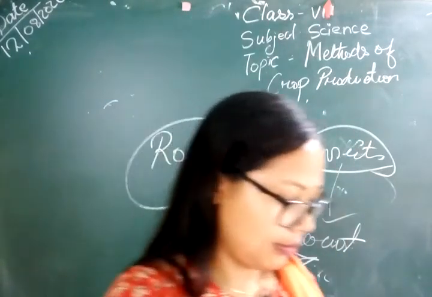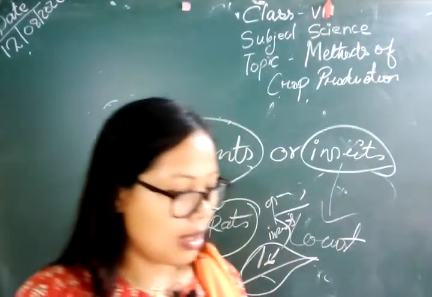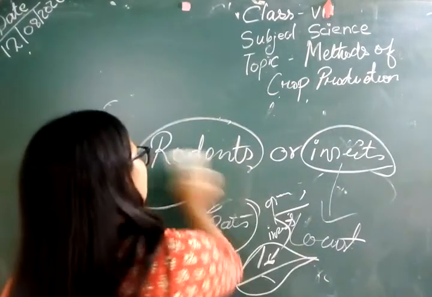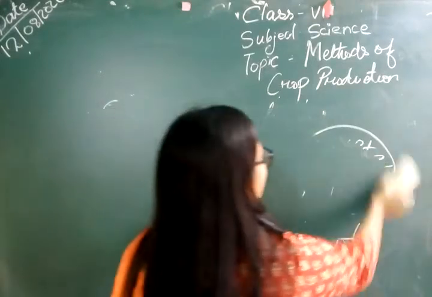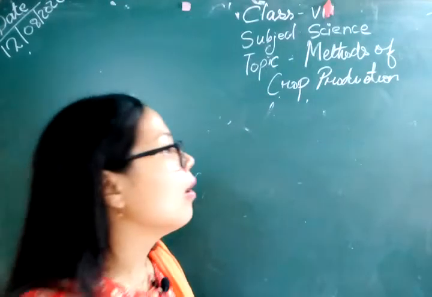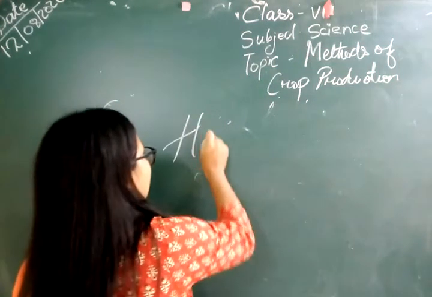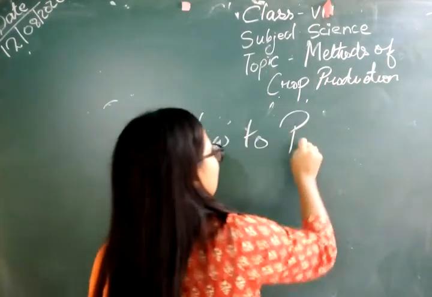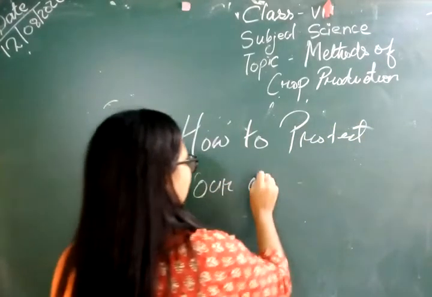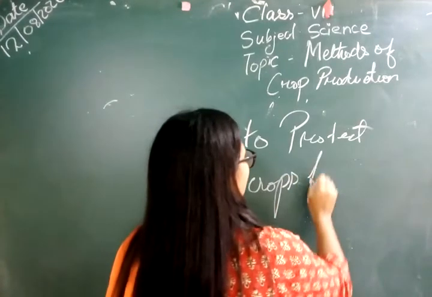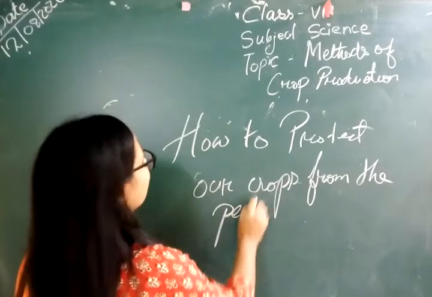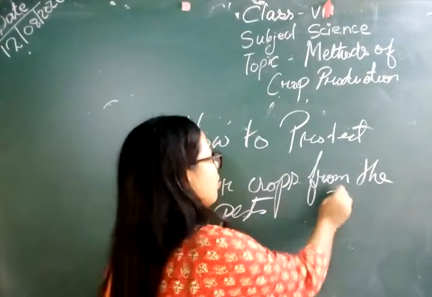Now, how do we control pests in crops? We studied how harmful they are and how they destroy our crops. So now we should also know how to protect our crops from the pests.